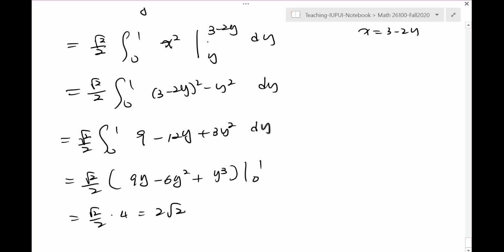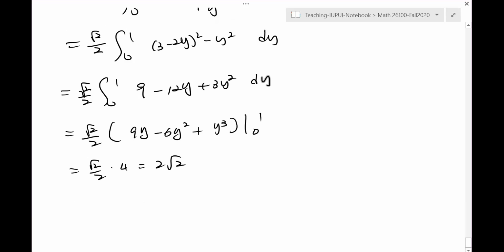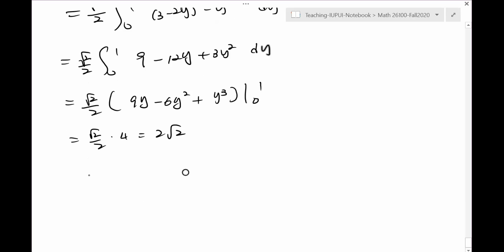It's a little bit complicated, but we can work it out. So that's one possibility, given a surface integral over the triangle. Now, how do we find the area of the triangle? The area of the triangle is just the surface integral of dS.